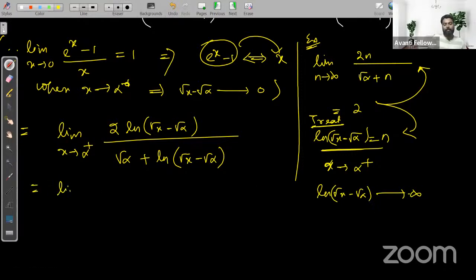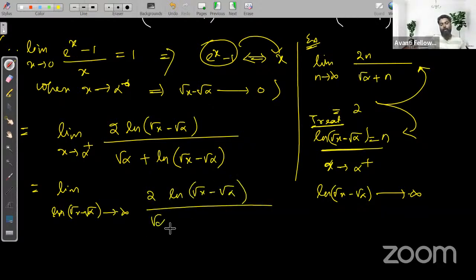So in place of that we can write it, no problem. So this will be 2 into ln of root x minus root alpha divided by root alpha plus ln of root x minus root alpha. In place of n only, I have substituted ln of root x minus root alpha here. Here you can use this one.